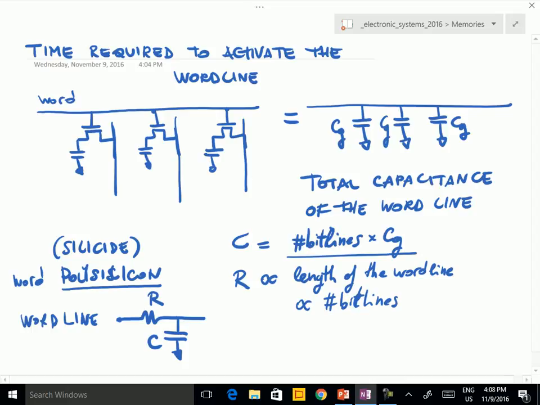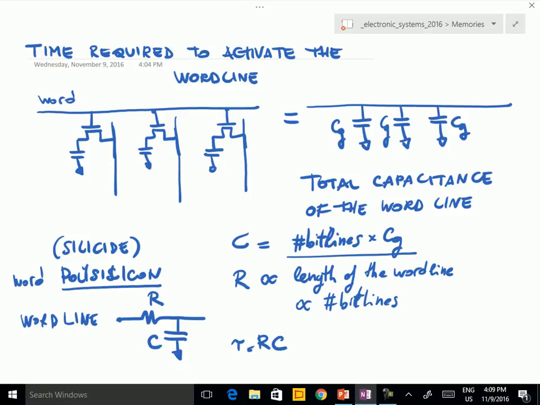If I apply a step voltage, the time required in order to let the voltage arrive to the full value is a few times the RC constant of the circuit. So it is limited by this RC constant, which is the product of R and C. It's typically 2-3 RC, 2-3 time constants are sufficient.